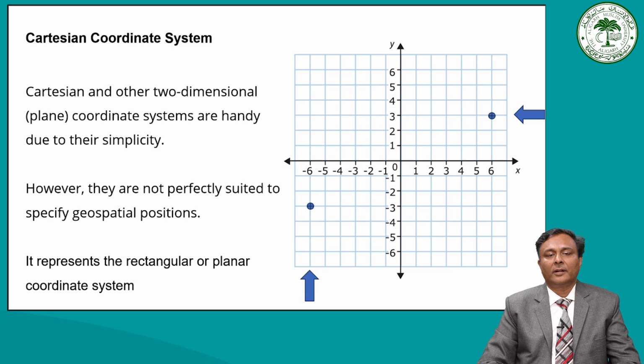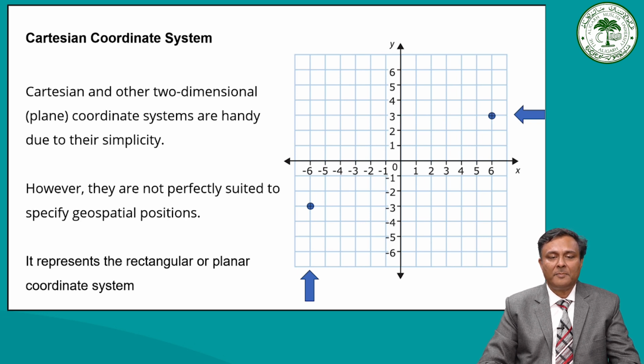The Cartesian and other two-dimensional plane coordinate systems are handy due to their simplicity, and that is why they are very popular. However, they are not perfectly suited to specify geospatial positions, where we want to represent spatial information on a flat plane but we are converting the spherical shape of Earth phenomena onto a flat plane.